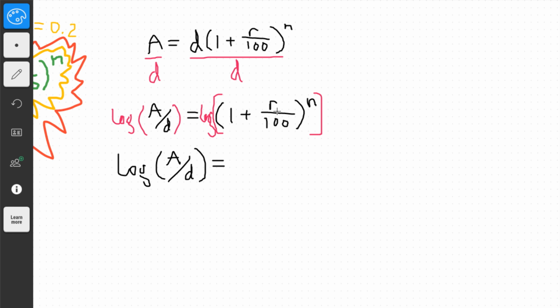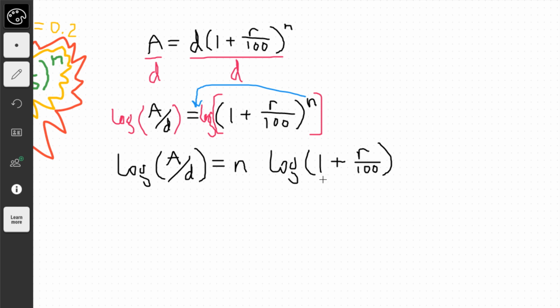Here's a property of logarithms. If you're taking the log of something that has an exponent on it, you can take that exponent and multiply it by the logarithm. You can just pop it out in front. And that's what we're going to do now. So we're going to say that this is n times log of 1 plus r divided by 100.